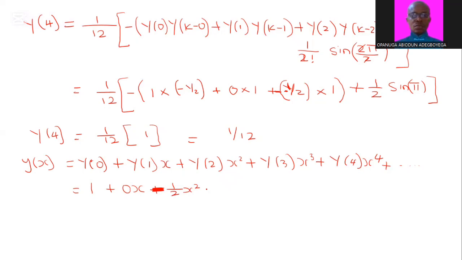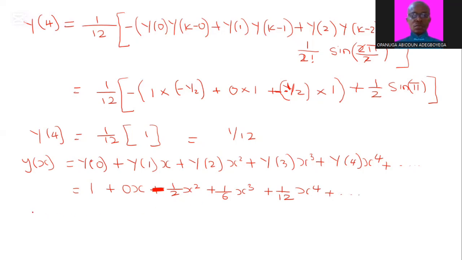Then y of 3 from our result, we got that as 1 over 6. So that will be plus 1 over 6 x raised to the power 3. Then finally, we got y of 4 as 1 over 12 x raised to the power 4.